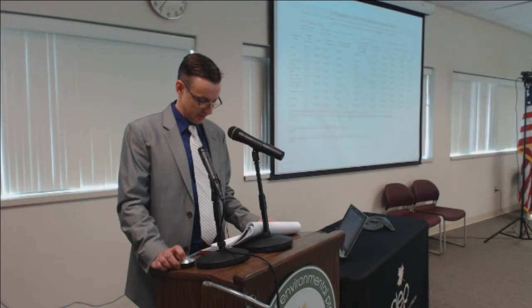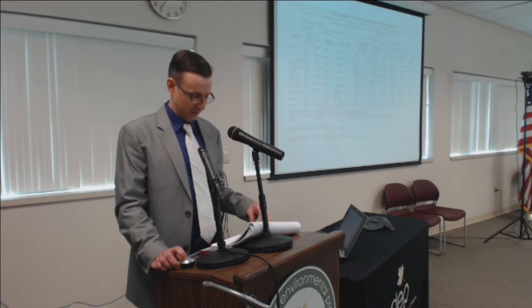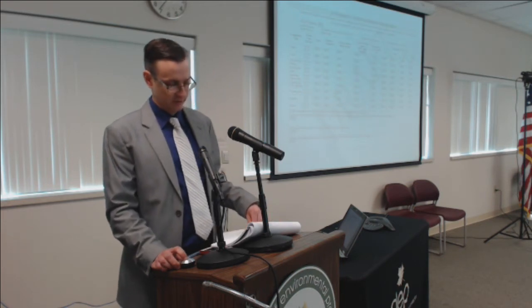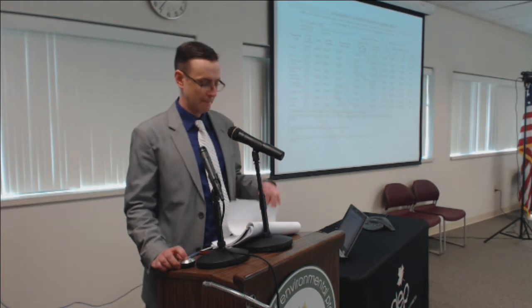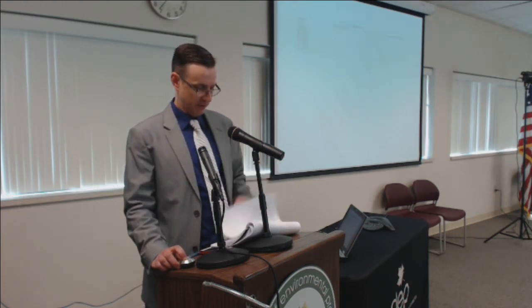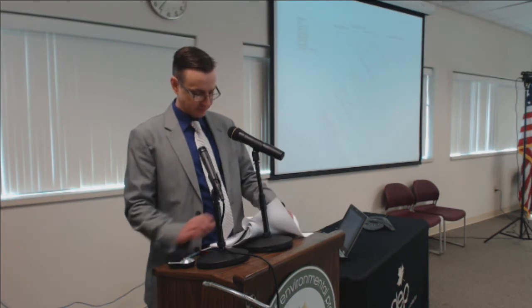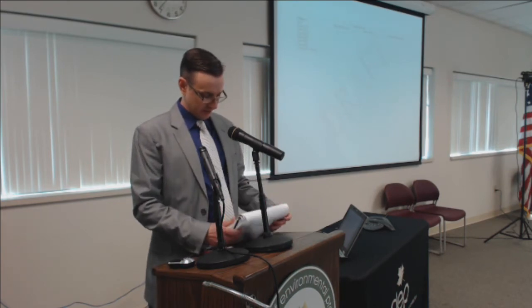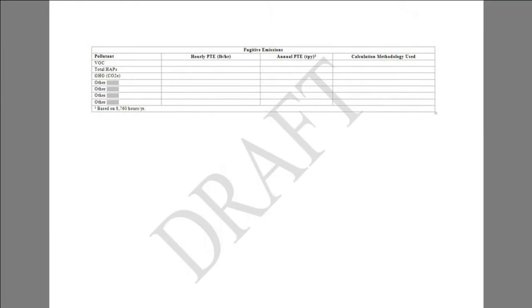And any equipment that's used in that closed vent system also needs to be listed on that form. On the following page, on page 13, is a summary of page 12, where you'll indicate the hourly and annual PTE of the pollutants and the calculation methodology that was used.